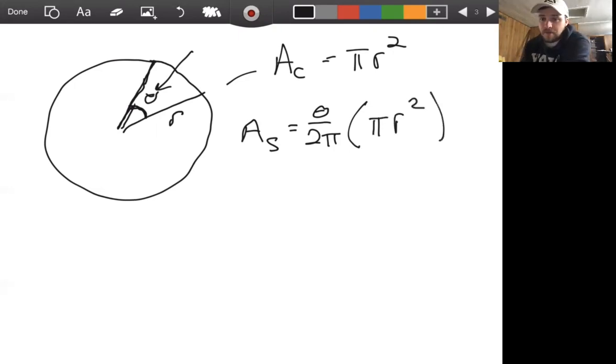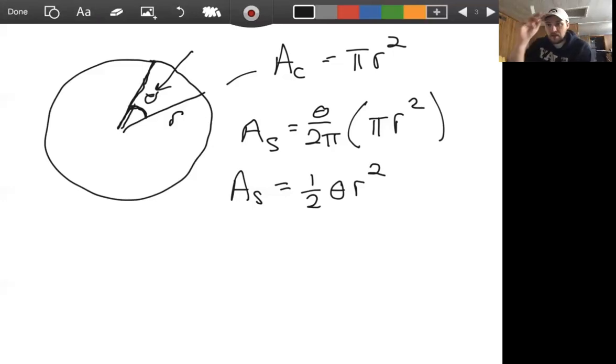And what we're doing now is we're getting a fraction of the area. And that's what this fraction theta over 2 pi is doing, right? And so that means the area for a sector is the pi's cancel, and we get 1/2 theta r squared. So this is in general how you find the area for a fraction of a circle. It's what we call this little sector here.